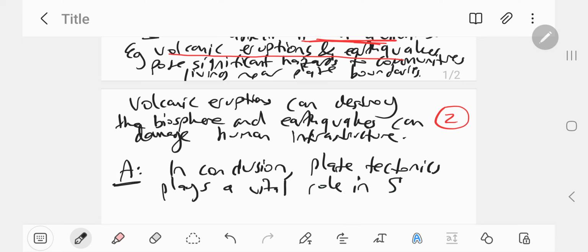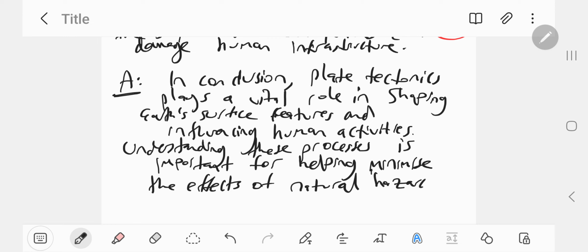Understanding these processes is important for helping minimize the effects of natural hazards. Okay. Natural hazards.